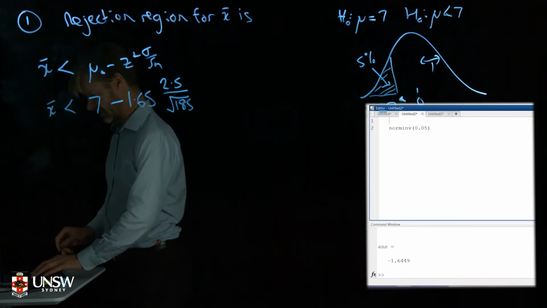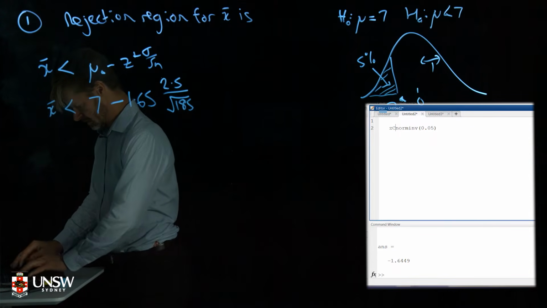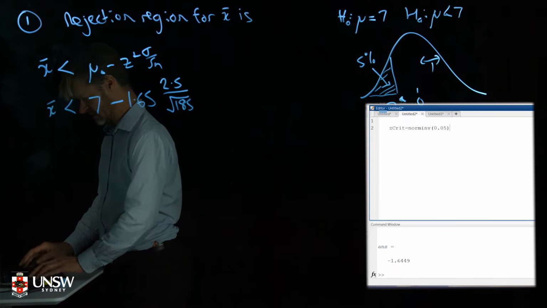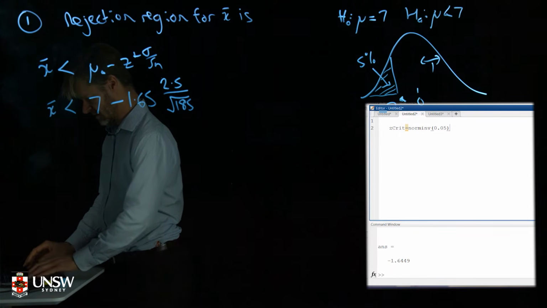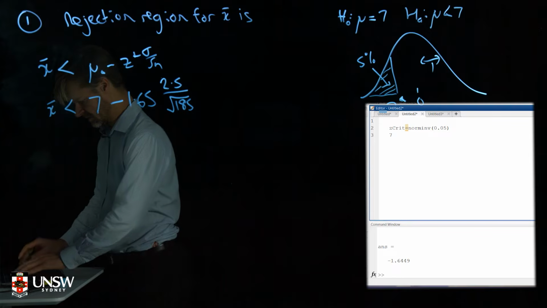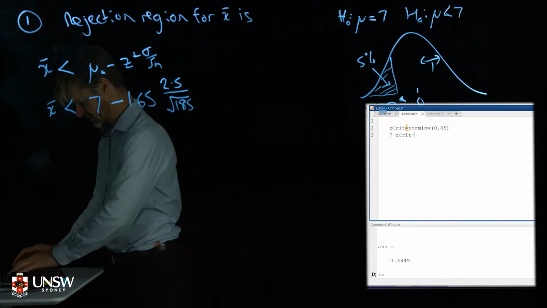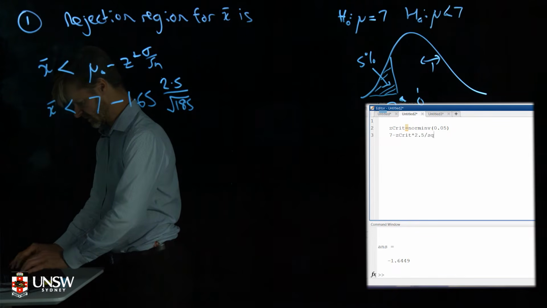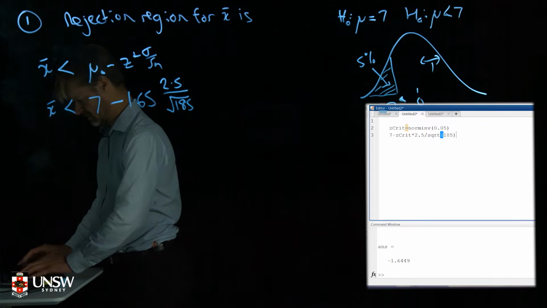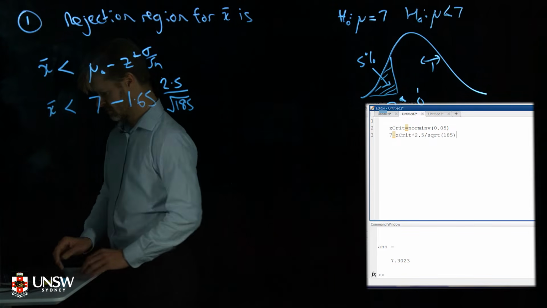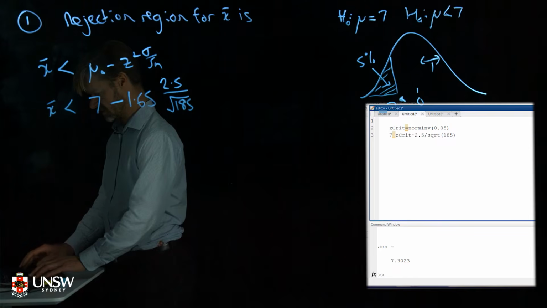What does MATLAB have to say about that? Okay, so we're going to go 7 minus z crit times 2.5 divided by the square root of 185. I did something wrong.